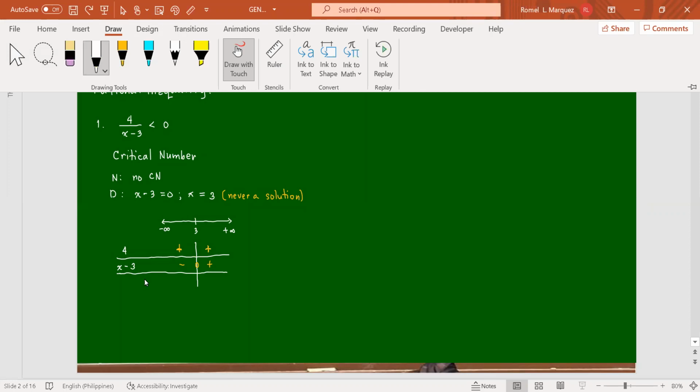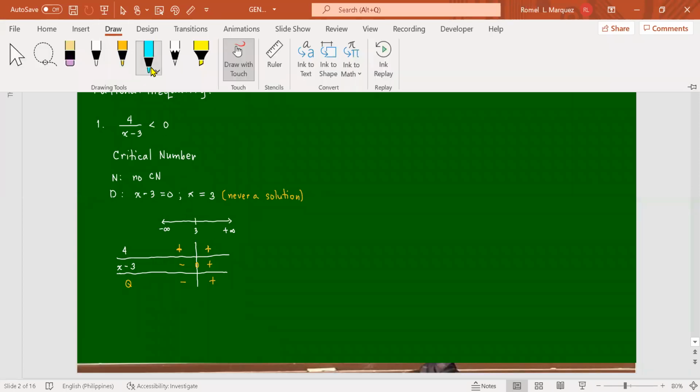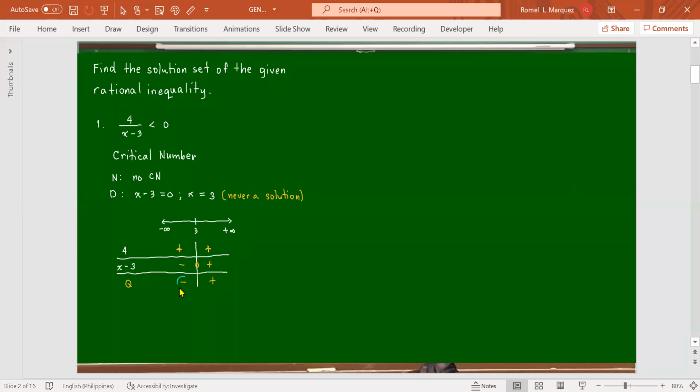So, what is the quotient? Negative, positive. We want it to be less than 0. So where is it less than 0, guys? To the left. So it means what interval is the solution?